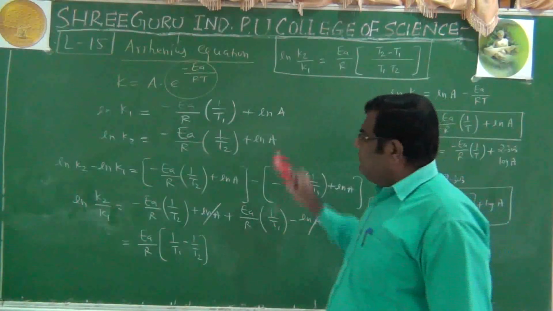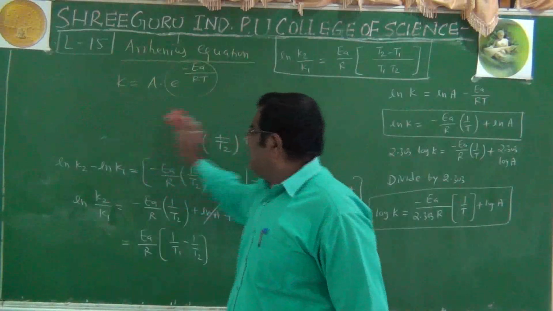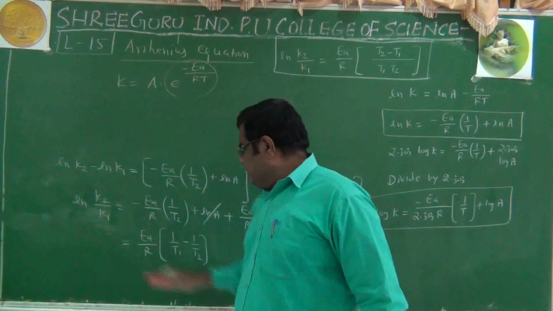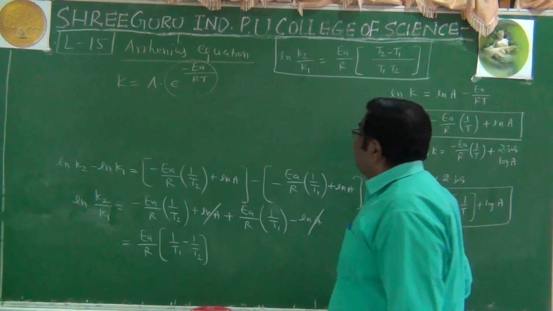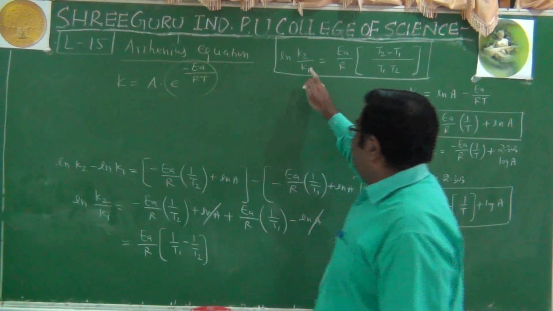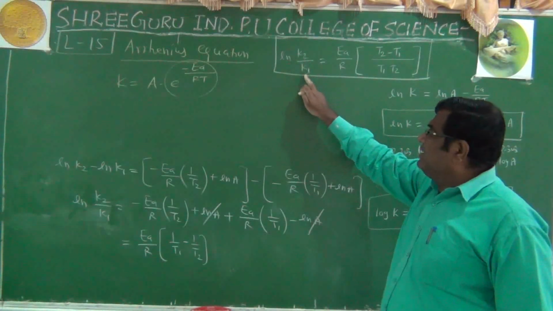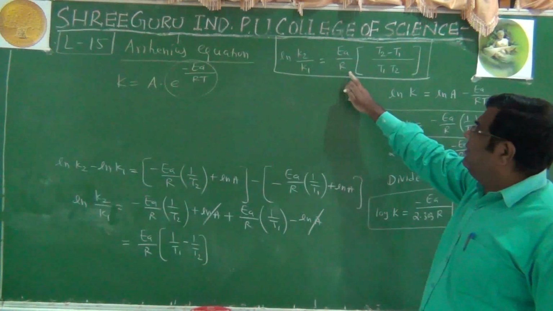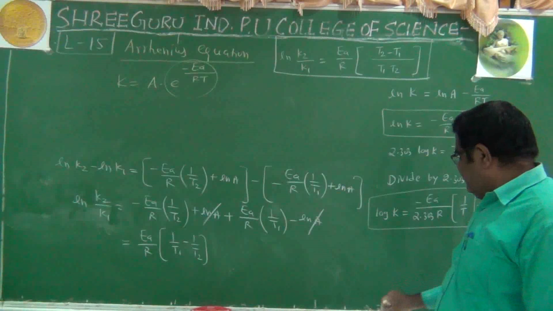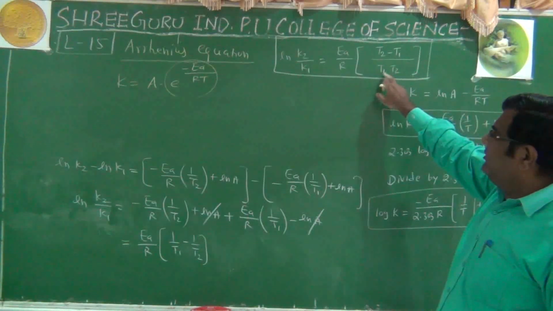We'll just convert that to log to the base of 10 by multiplying by 2.303. So 2.303 log to the base of 10 K2 by K1 equals EA by R, and then T2 minus T1 by T1 into T2.